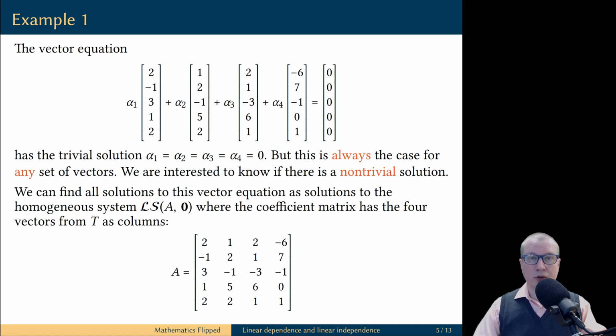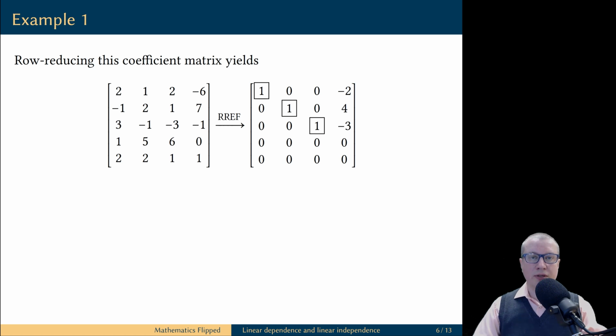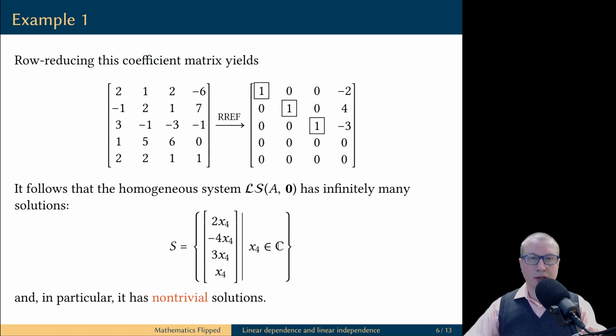This means we're looking at solutions of the homogeneous linear system where the coefficient matrix is constructed by using the given vectors as columns. To solve the homogeneous linear system, we reduce this coefficient matrix, and we see that we have 3 pivot columns and 1 non-pivot column.